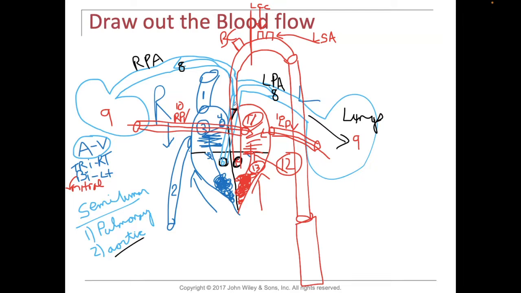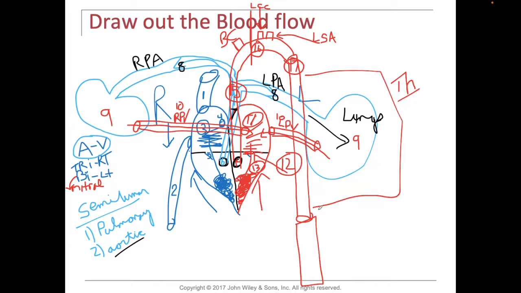Then we have, let's call this number 15, ascending aorta. Number 16, the arch of the aorta. Then you have, let's say, 17, the descending aorta. And then in the thoracic region, let's say from here to here, the thoracic aorta, we'll put TH for thoracic aorta.